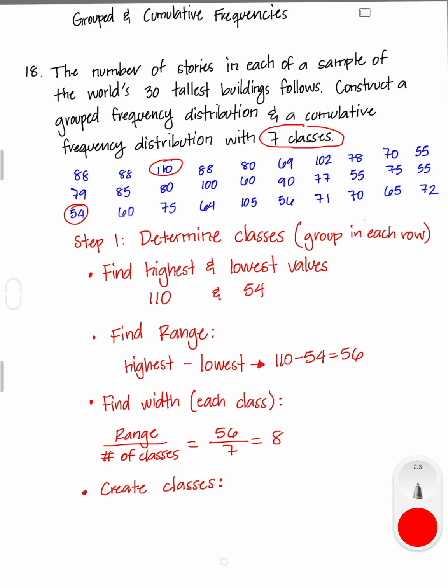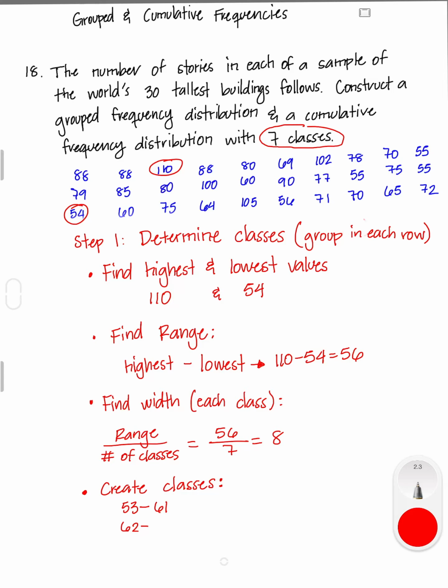I'm going to start with 53, just to go a little bit lower, and then we add the width over and over until we create our 7 classes. So 53 plus 8 is 61. For the next class, we're not going to put 61, we're going to jump to 62, because we don't want the number 61 to be part of two different classes.